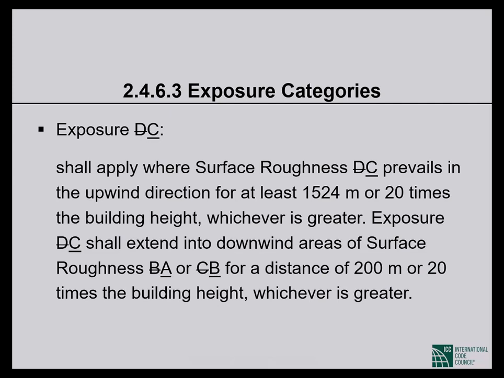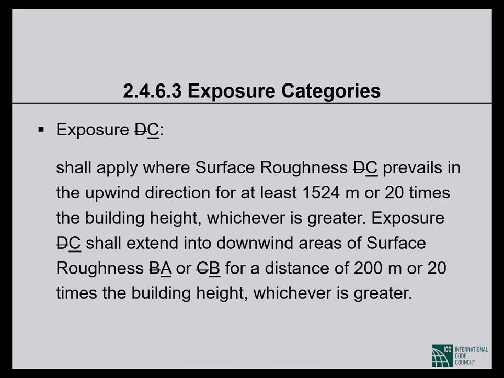Okay, so this is defined by default. Exposure A is defined here, exposure C is defined here. Exposure C shall apply where surface roughness C prevails in the upwind direction for at least 1,524 meters or 20 times the building height, whichever is greater. Okay, that's exposure C.